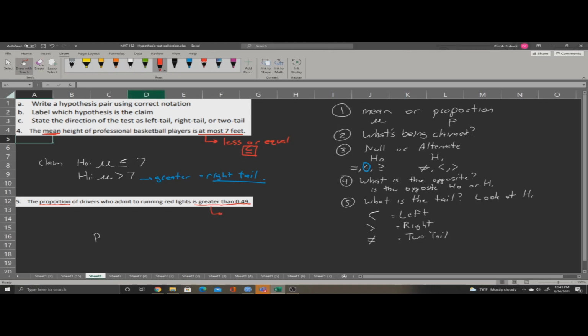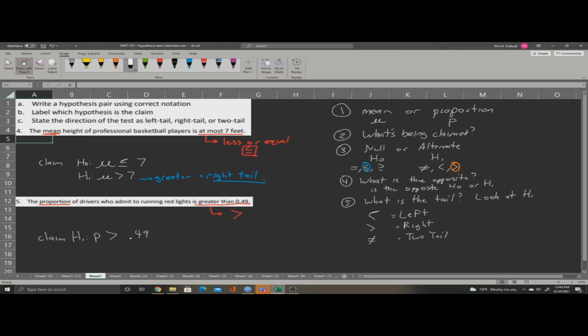Greater than will be this symbol. So we'll write greater than 0.49. Now, let's ask ourselves, is this null or alternate? The symbol that we used was greater than, which is underneath alternate. Therefore, we'll label this with an H1 and label that this is the claim.